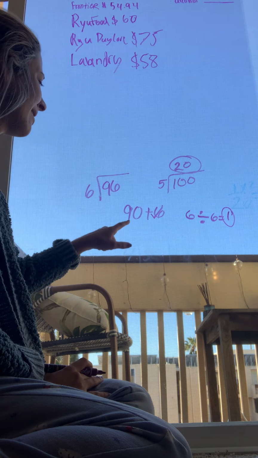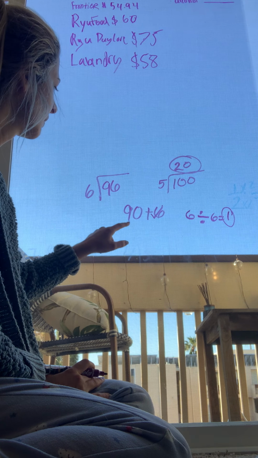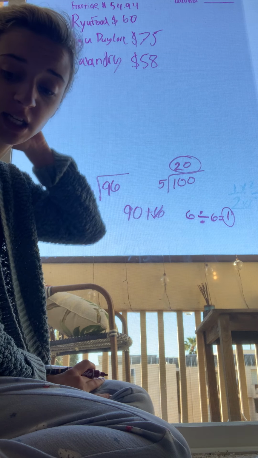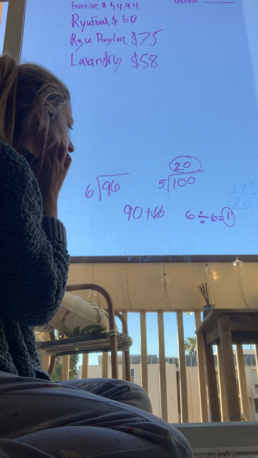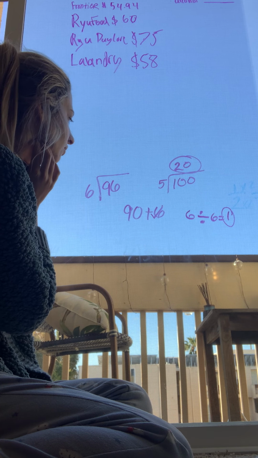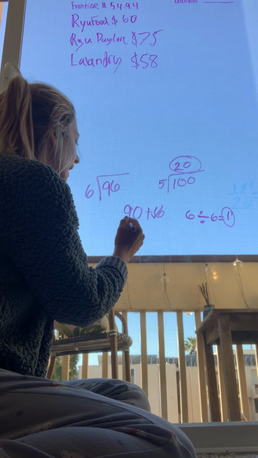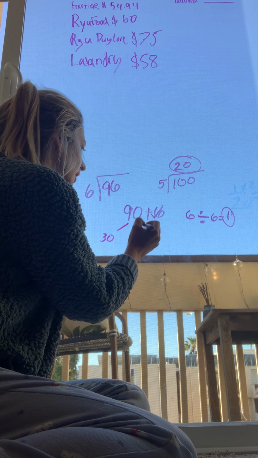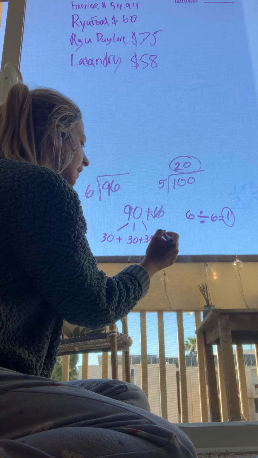Now, I cannot think of anything math fact-wise, 6 times something equals 90. I can't think of anything off the top of my head. So I'm going to break this down into a smaller number. Ooh, I know I could do 30 plus 30 plus 30. Does that equal 90? Yes.